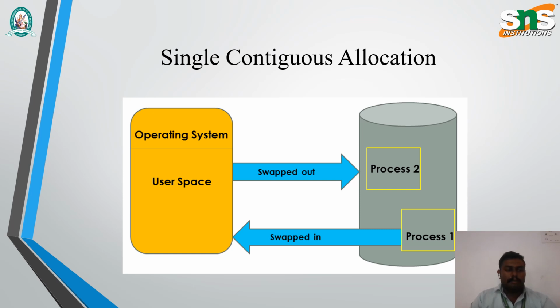This is the primary drawback: fragmentation. In internal fragmentation, a process might be allocated more memory than it actually needs, leaving unused space within its allocated block.